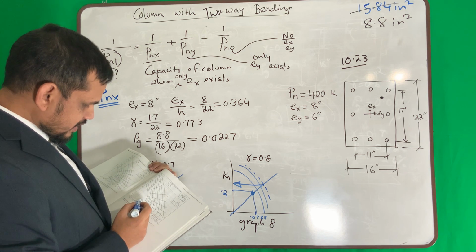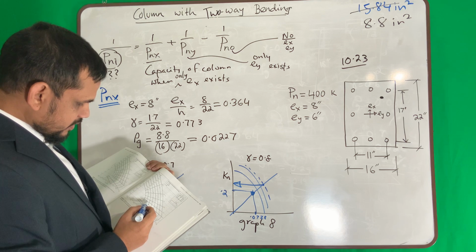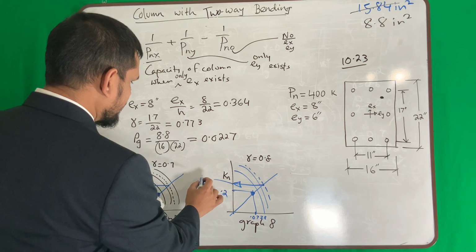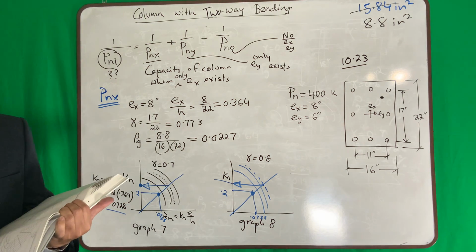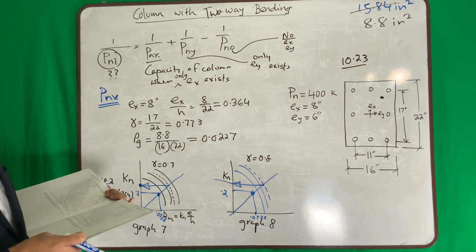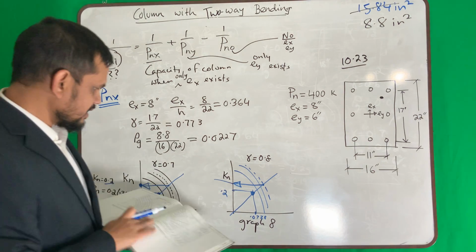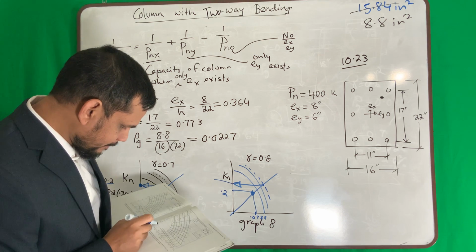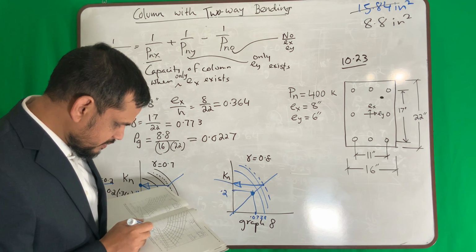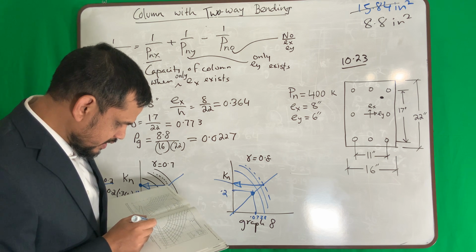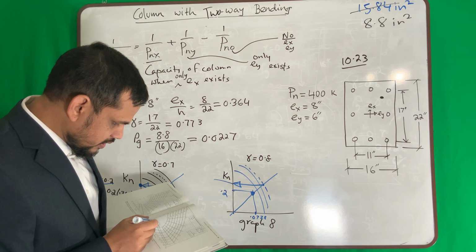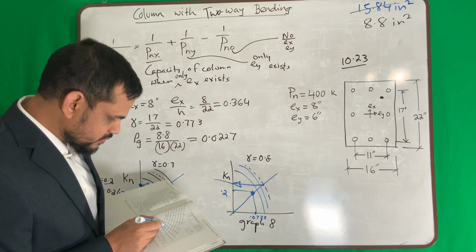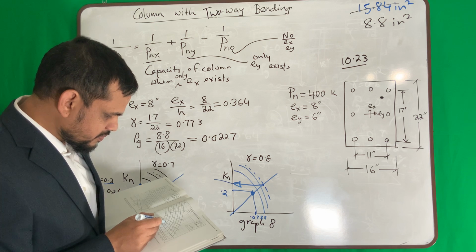If I draw a line here, for 2.2 I'm getting 0.55.